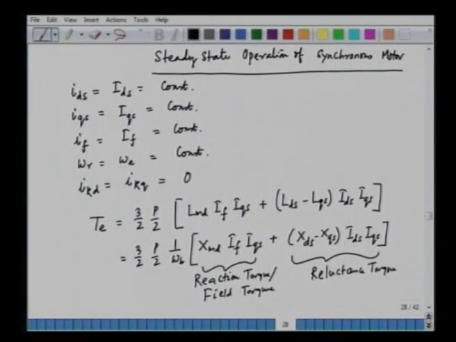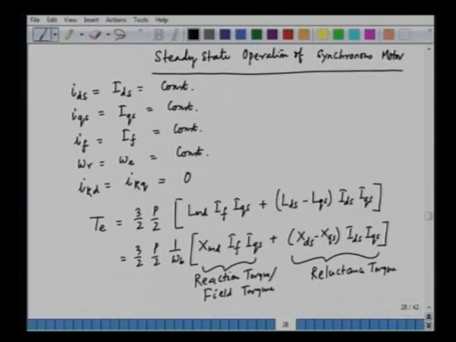It means if we have a salient pole machine, in a salient pole machine we have XDS different from XQS. In fact, XDS is higher than XQS in a salient pole wound field synchronous machine. So we have a torque production, and that torque is given by XDS minus XQS into IDS into IQS. So this is called the reluctance torque, which only appears in a salient pole machine.